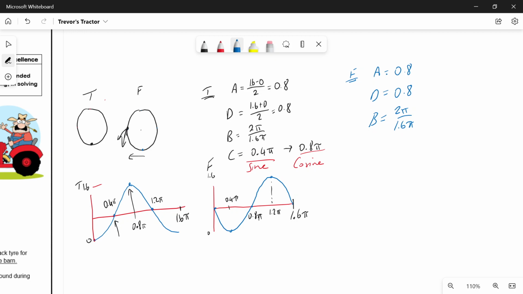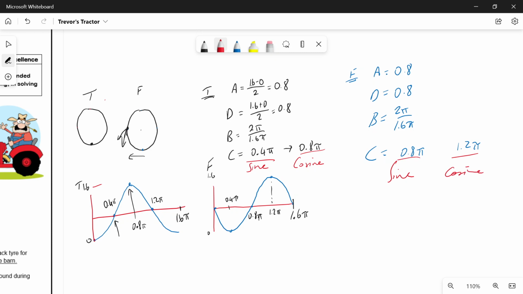It's the same distance travelled. This time, C is slightly different. If it's a sine model, you use 0.8 pi because that's the start of the sine curve. Or if it's a cosine, you'd use 1.2 pi. Okay, remember this is sine, and this is cosine.